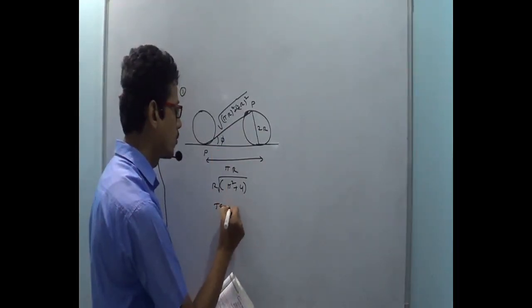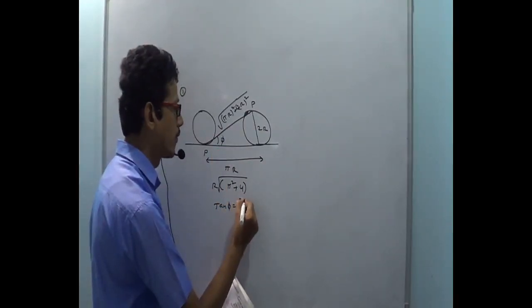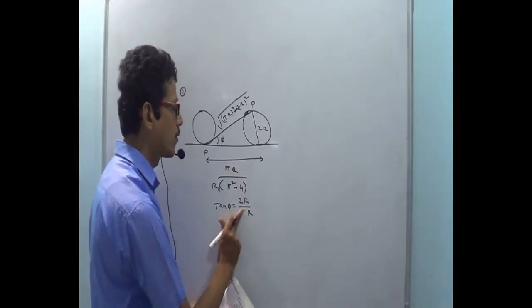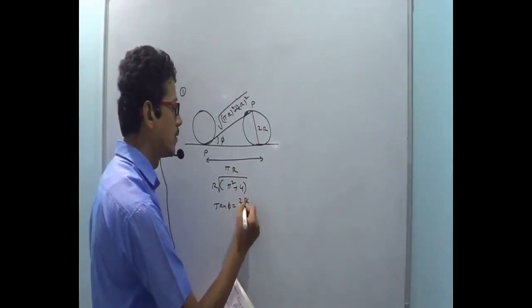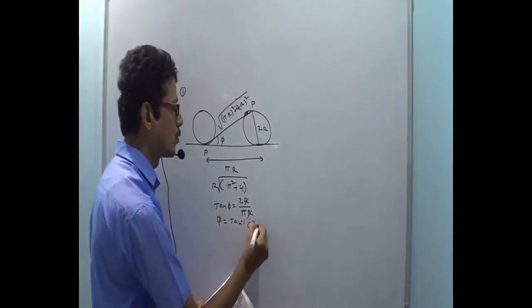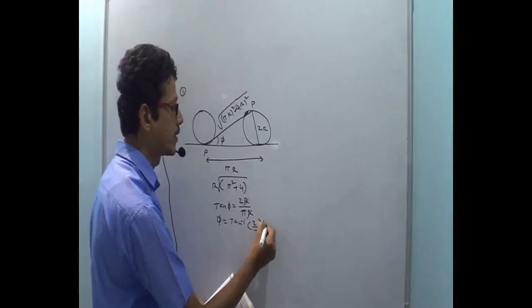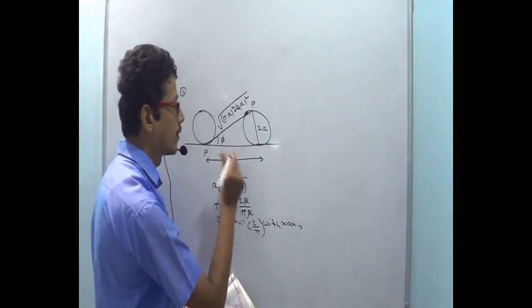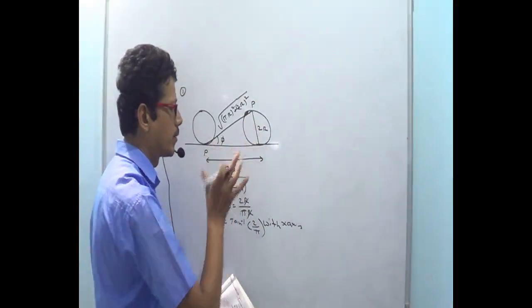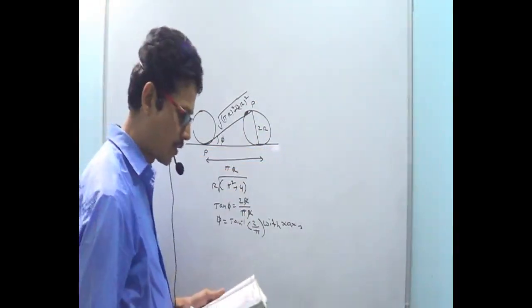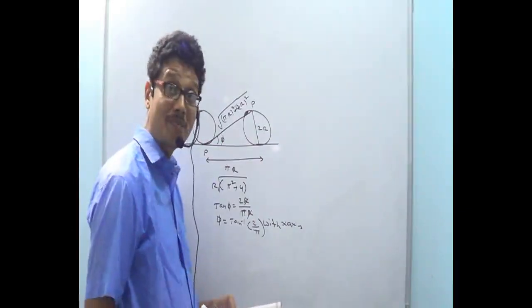Tan phi is equal to 2r divided by pi r. Now r got cancelled here, and phi is nothing but tan inverse 2 by pi with the x-axis. This is opposite by adjacent, okay? Tan inverse, this is the x-axis. Second option.